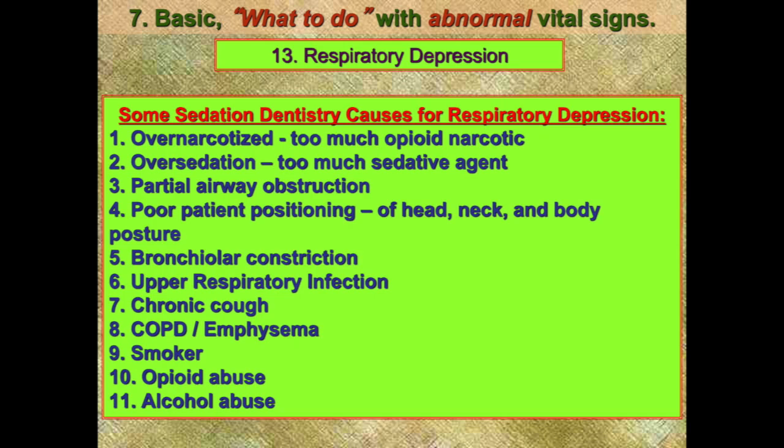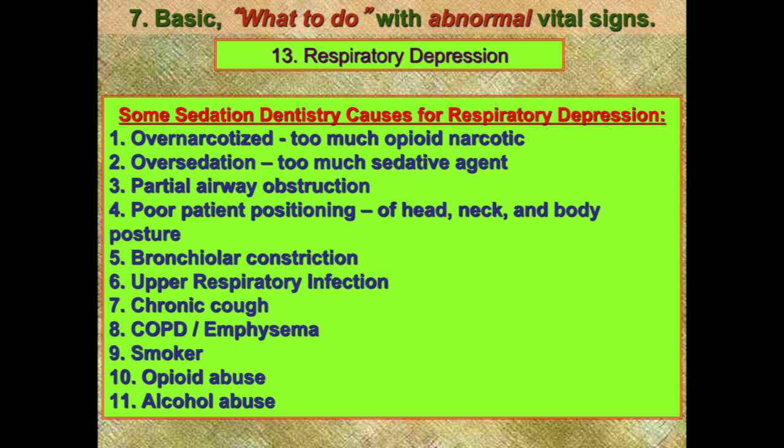It could be from bronchiolar constriction, in which case we're going to need the Primatene Mist there to give them their inhaler. An upper respiratory infection will cause respiratory depression and bad movement of air, especially if they're taking something like Benadryl or something on this order for their cold.